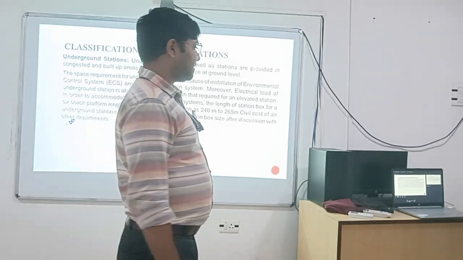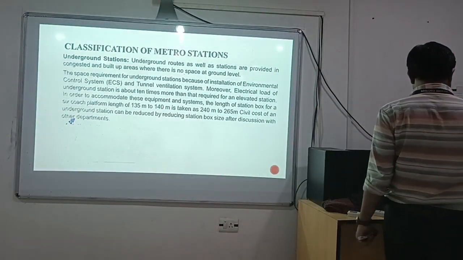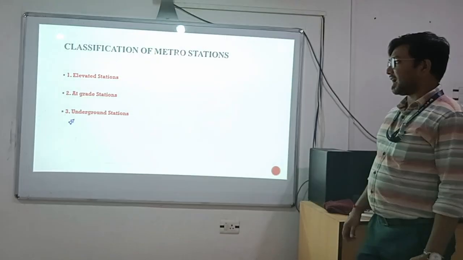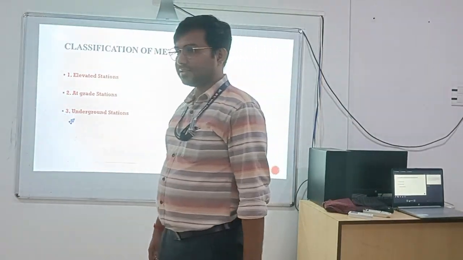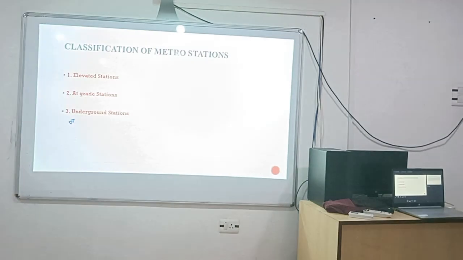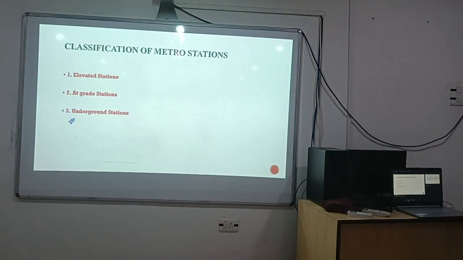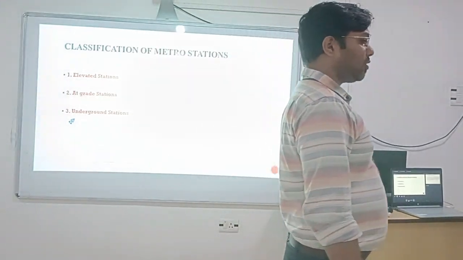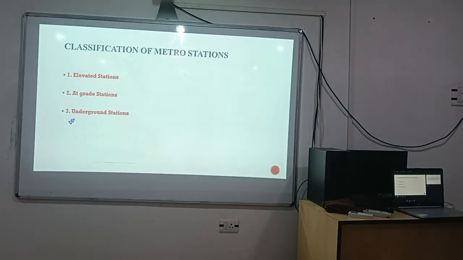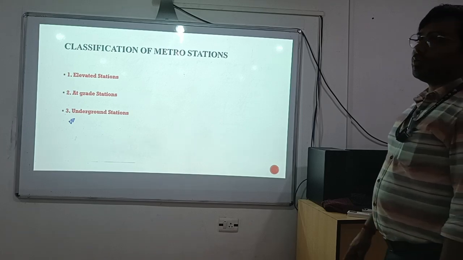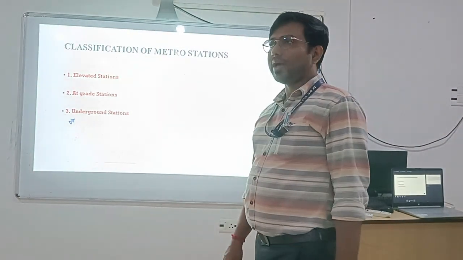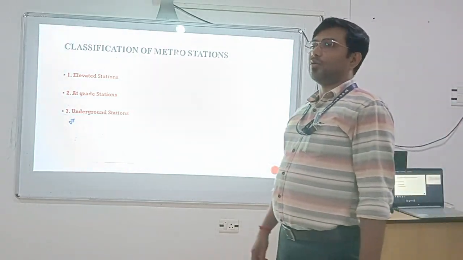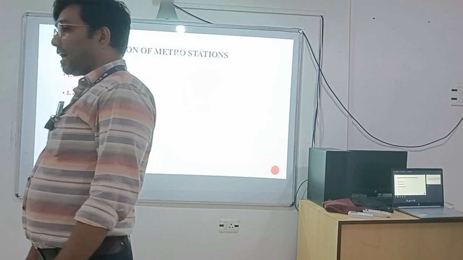Now, after discussing these three kinds of stations, that means elevated stations, at-grade stations, and underground stations, and two kinds of metro routes or systems, the elevated system and the underground system, in the conclusion we can discuss where we can opt for the elevated type, and where we can go for the underground type.